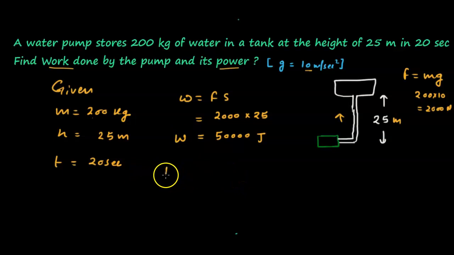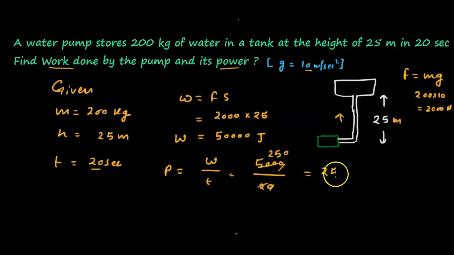Now we have to find the power. Power will be work upon time, and that's so simple. 5000 divided by time. Time is given, which is 20 seconds. Now we have to calculate this. 250, that means 250 watt.